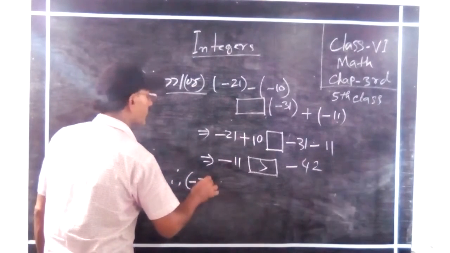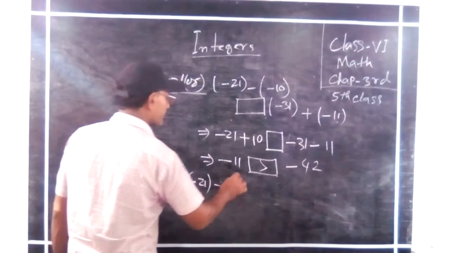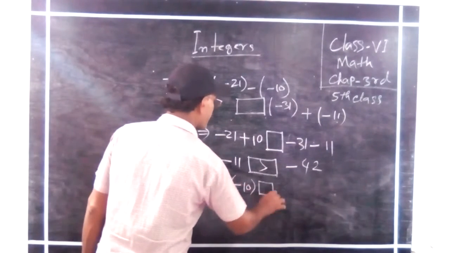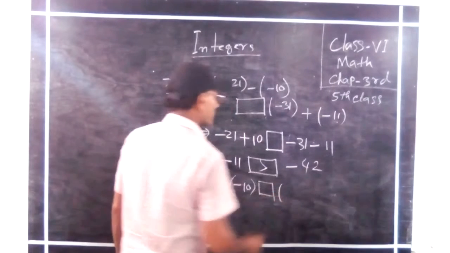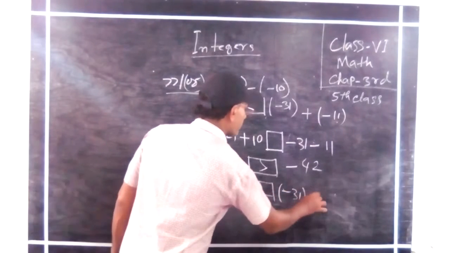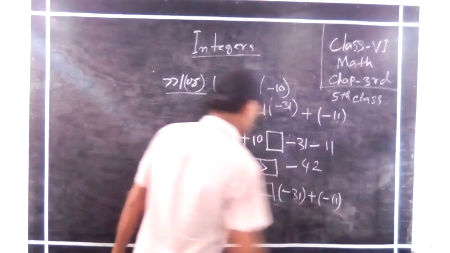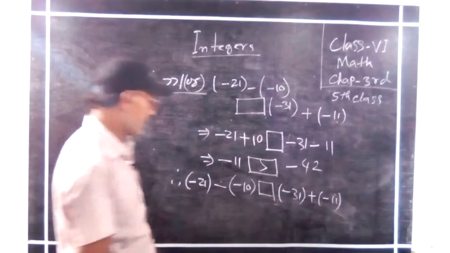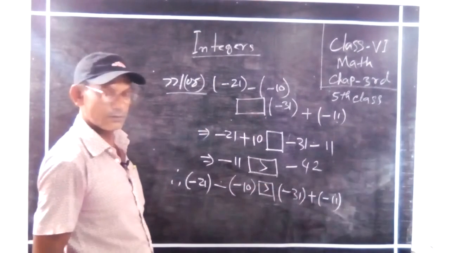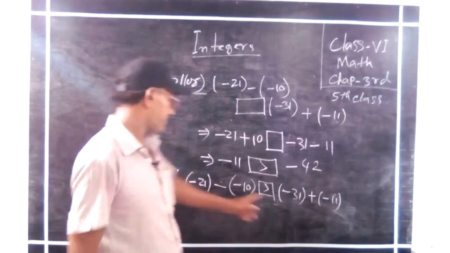So we can write, minus 21 first bracket close, minus minus 10, first bracket opening, minus 31 plus first bracket opening minus 11. That means our sign is greater than. Okay? Understand? Yes, thank you.